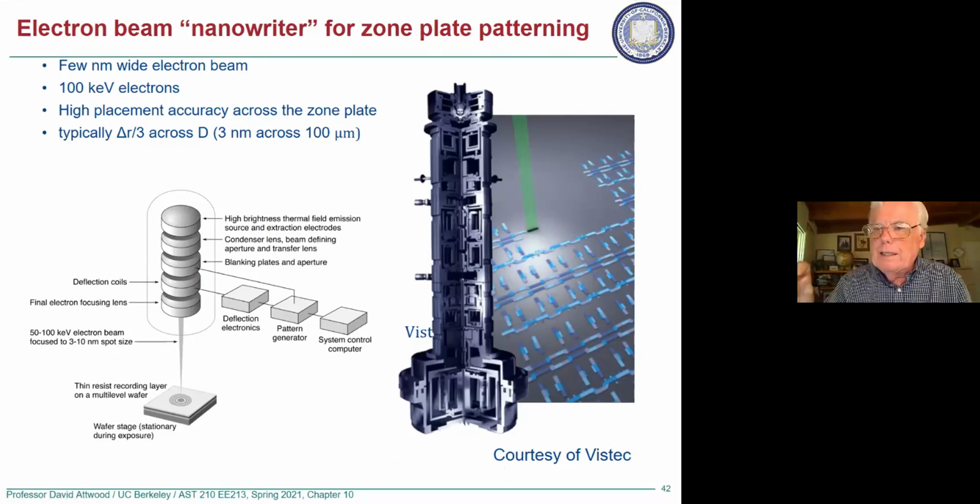So if we had a 15 nanometer outer zone that we wanted to make, we'd want to have a 5 nanometer electron beam, which then writes a pattern in some molecular resist, breaks bonds, which later get flushed out chemically and then plated into those troughs to make some metal zone plate, for instance, like a gold zone plate or a nickel zone plate. And to get from one zone to the other, there's a blanker up here someplace, blanking plates that cut off the electron beam while you reposition it for the next zone. You write one zone after the other.